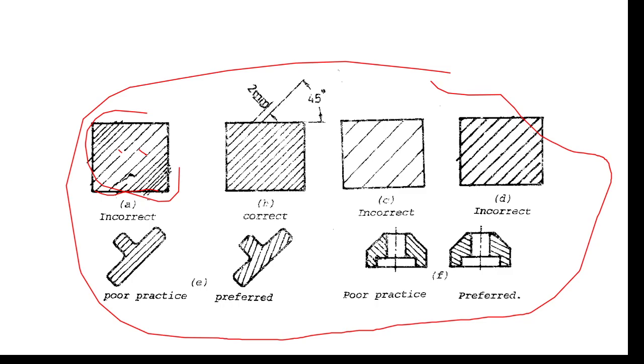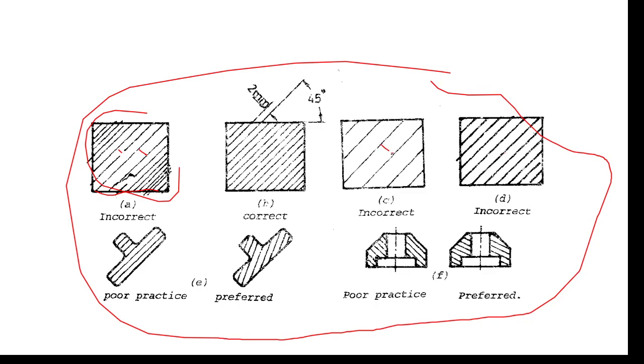It is a poor practice. This figure, the hatching is incorrect because the line thickness is wrong. Don't forget, cross-hatching lines are thin continuous lines, not thick.